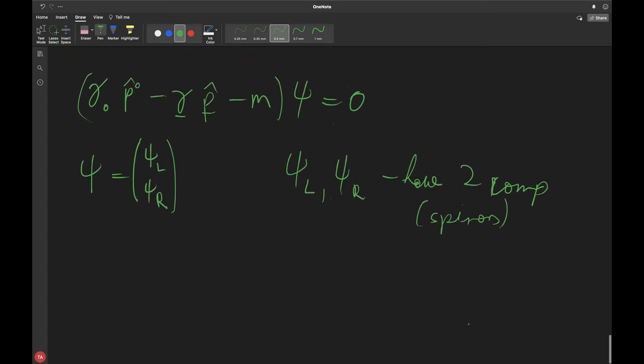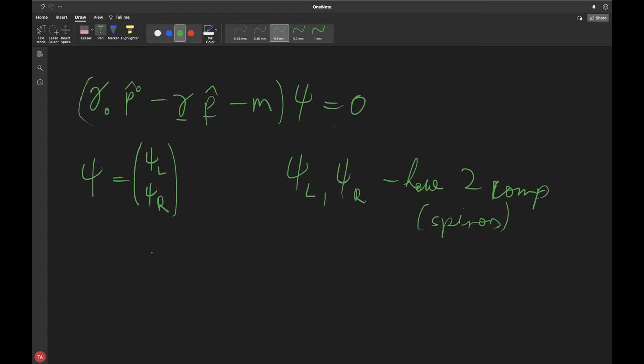So we could rewrite the Dirac equation just by this thing. So you remember what was the gamma 0? That was the 0, 1, 1, 0 operator. So when we act on that with the P_0, we will get a 0 here, a P_0 here, a P_0 here, and a 0 here. So this was this term.